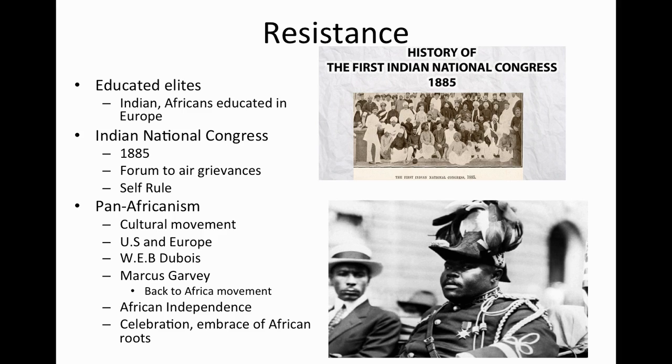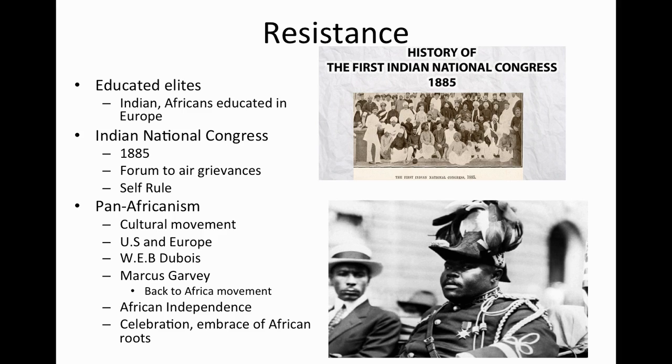But as time would go on, these educated elites would form resistance groups or organizations to promote independence, and Gandhi did that. So, for example, in 1885, not Gandhi, but these earlier Indian elites did form the Indian National Congress, kind of a forum for them to air their grievances, kind of an early example of self-rule. I'm sure that these elites inspired Gandhi to continue that, and he did.